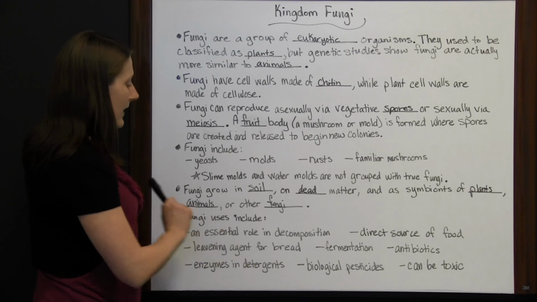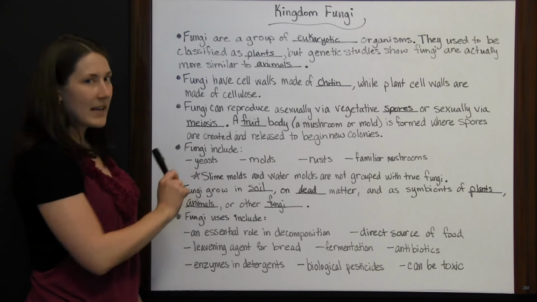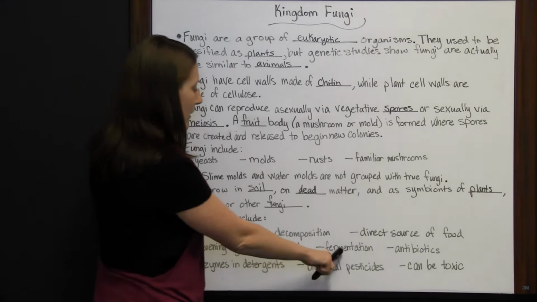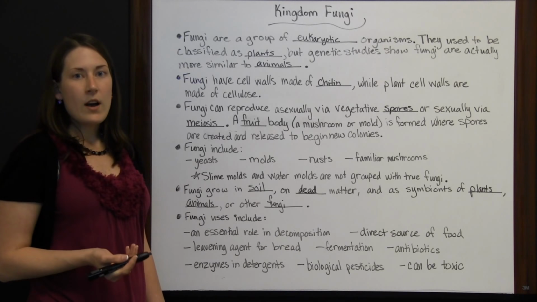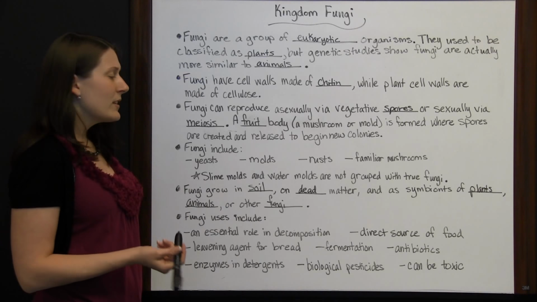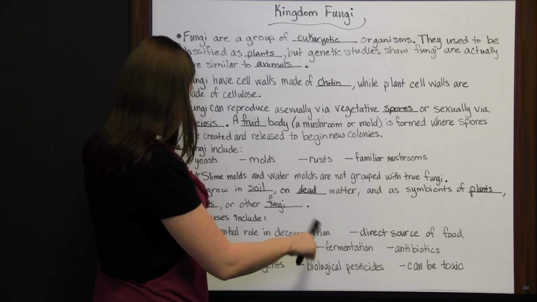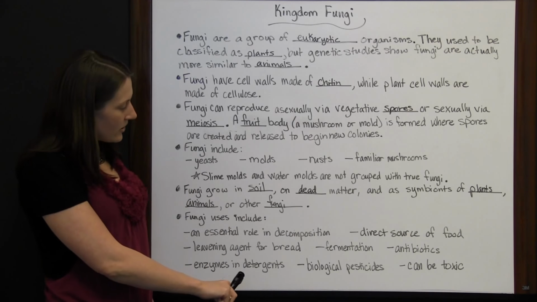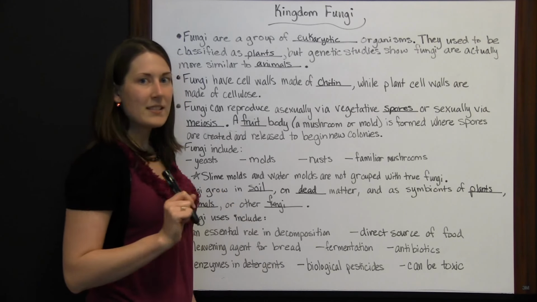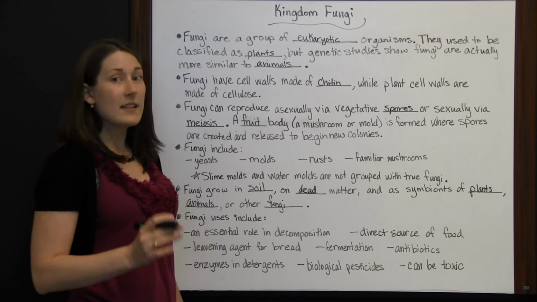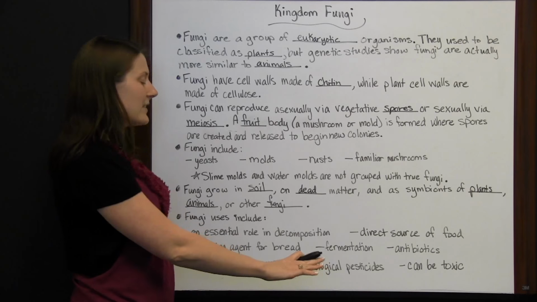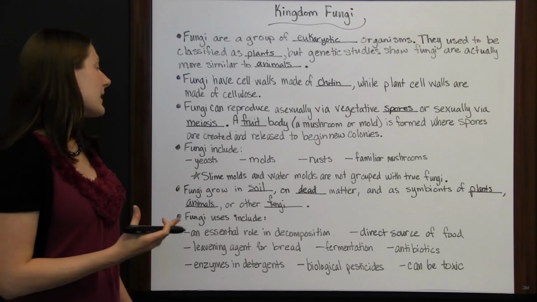Fungi can be used as a leavening agent for bread. That's a yeast. Fermentation, such as in wine, beer, and soy sauce, and that would be yeast again. Antibiotics, enzymes and detergents, biological pesticides that could kill certain weeds, and then remember, fungi has a lot of uses, but it can be toxic.